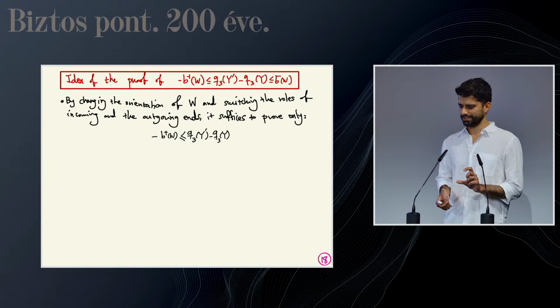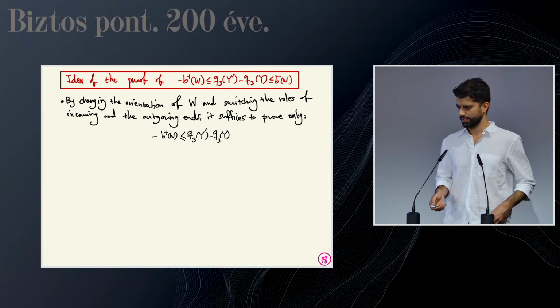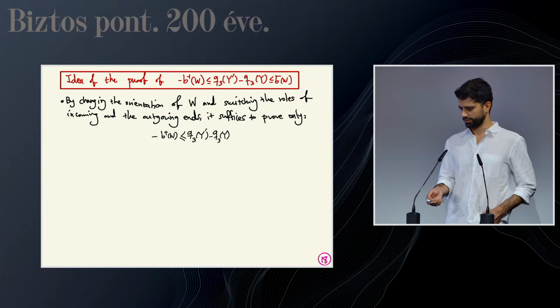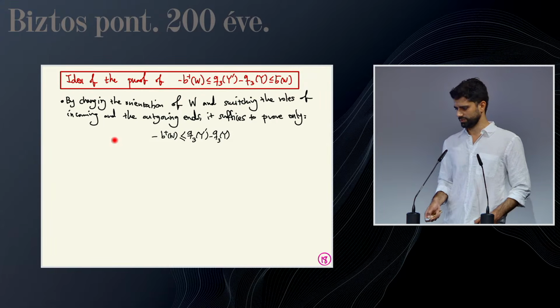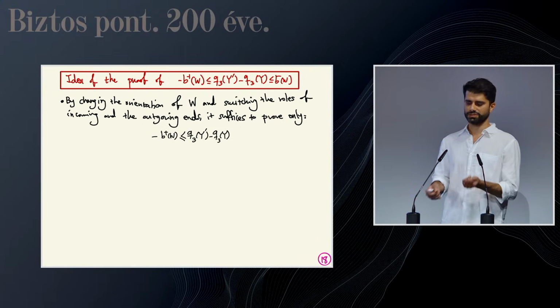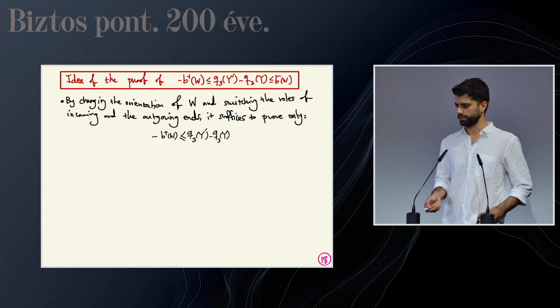I'm going to first talk about the more conceptual proof, just the idea of it, and then give more details for the simpler proof, for a weaker version of this inequality, which is still sufficient for the topological applications that I talk about. The first thing is a simple observation: here we really have just one inequality. The other inequality can be obtained from the first by flipping your cobordism and changing the roles of the incoming and outgoing ends of the cobordism. So I'm going to focus on this inequality.